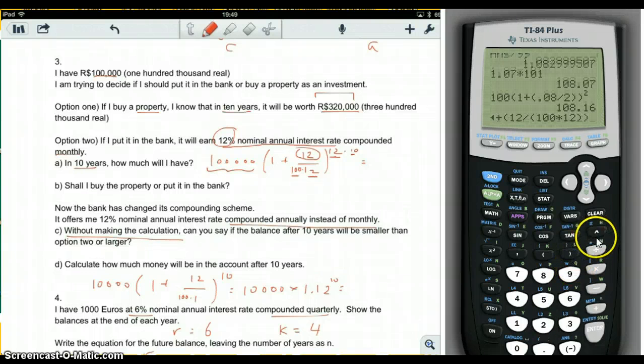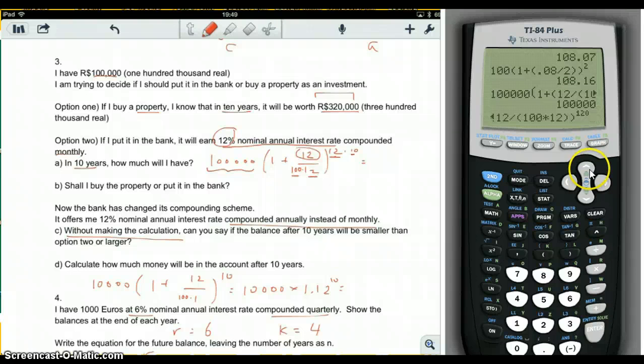And all that will be to the exponent of 12 times 10, which is 120. Okay, and there seems to be a mistake there. I did 100,000. Let's see exactly what I did here. Okay, 1 plus, and then 12 divided by 100 times 12.